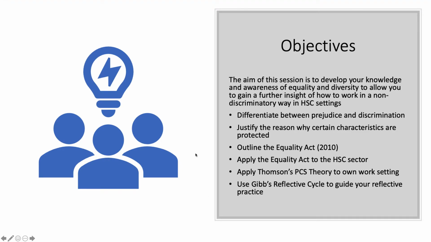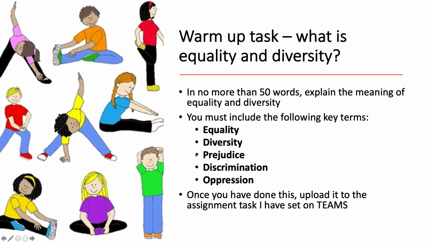Okay, so quick warm-up task. I want you to do a quick written activity for me. So in no more than 50 words, I want you to explain the meaning of equality and diversity. Now, your 50 words need to include the following key terms: equality, diversity, prejudice, discrimination, and oppression.